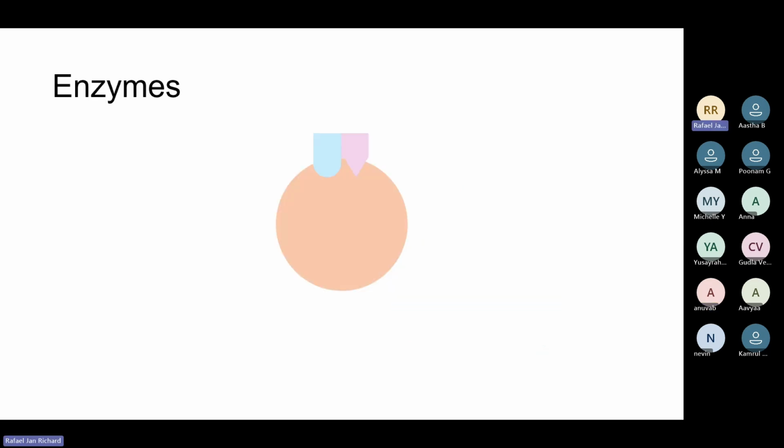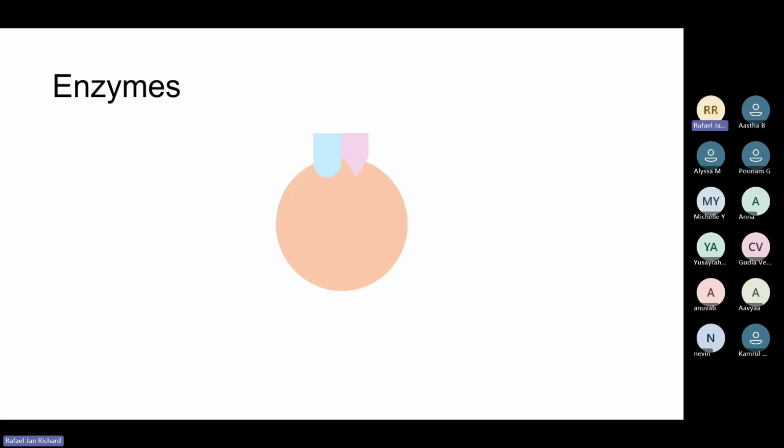And you probably know that enzymes are just another form of catalysts, and they are biological catalysts, so they are present in every living organism, and they speed up chemical reactions. And you probably know that most proteins denature when it gets too hot.